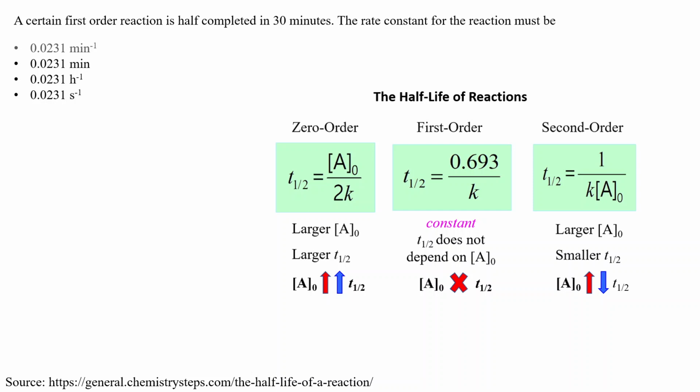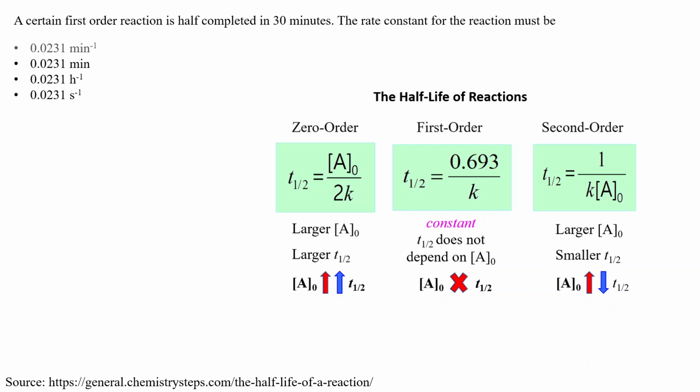As I said in the previous one also, 100% conversion of reactant to product is not possible in most reactions. So when you have a set amount of reactant present and exactly 50% of it is consumed, the amount of time it took to consume this 50% of the reactant gives you the half-life of a reaction.